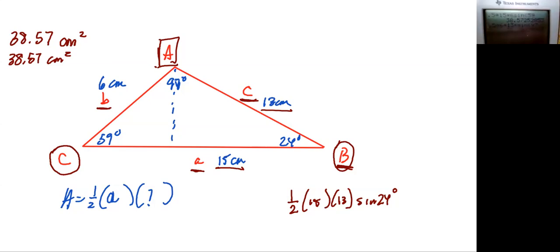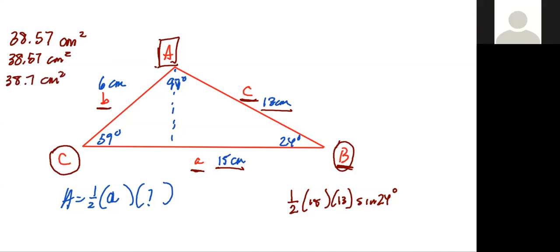Can you see that? 0.5 times 6 times 13 times sine 97. I get 38.7. Yeah, I got that. Okay.